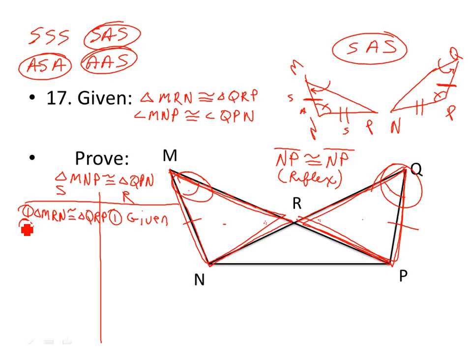Segment NM is congruent to segment PQ. This segment was congruent to this segment, because if these two triangles are congruent, those two sides are going to be the corresponding sides, the sides that match up, right?